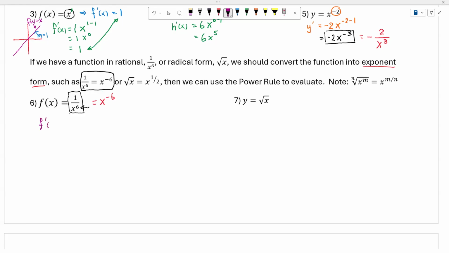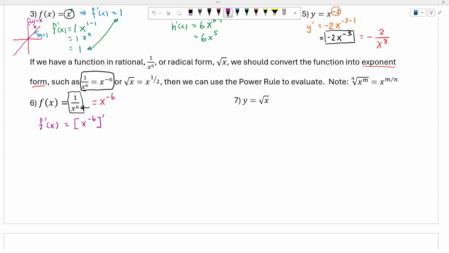So I will have f prime of x. Now, before we move on, I would like to introduce the notation that I'm using for derivative. I will use the square bracket with the prime.